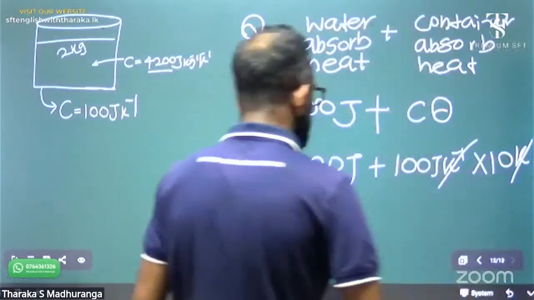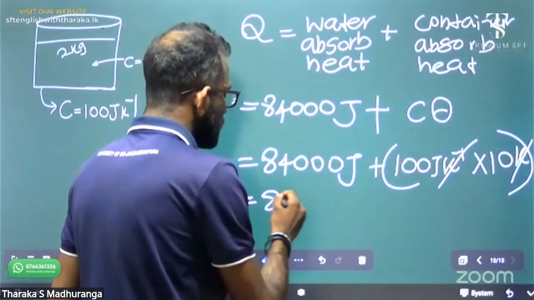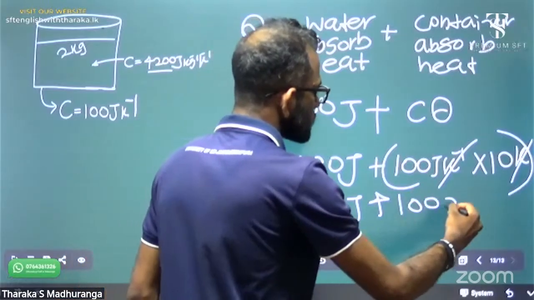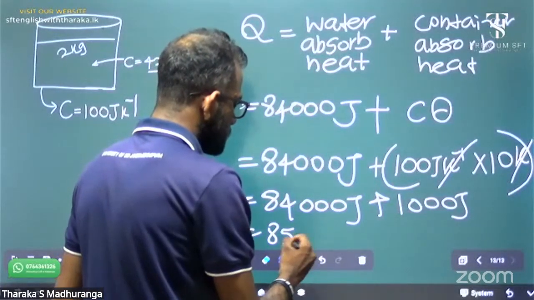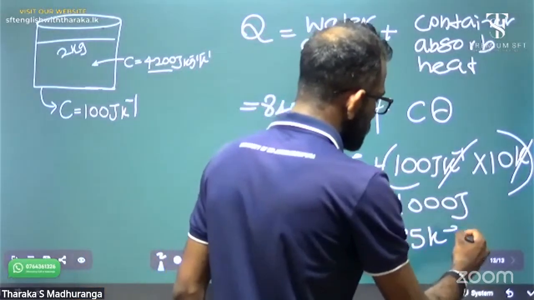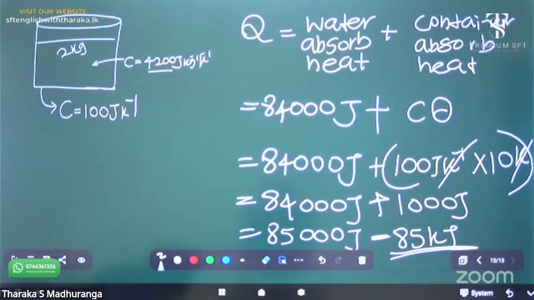Kelvin and Kelvin minus 1 cancel out. 84,000 joules plus 1000 joules is 85,000 joules, or 85 kilojoules. 85 kilojoules required if it is contained in a container with heat capacity 100 joules per Kelvin.